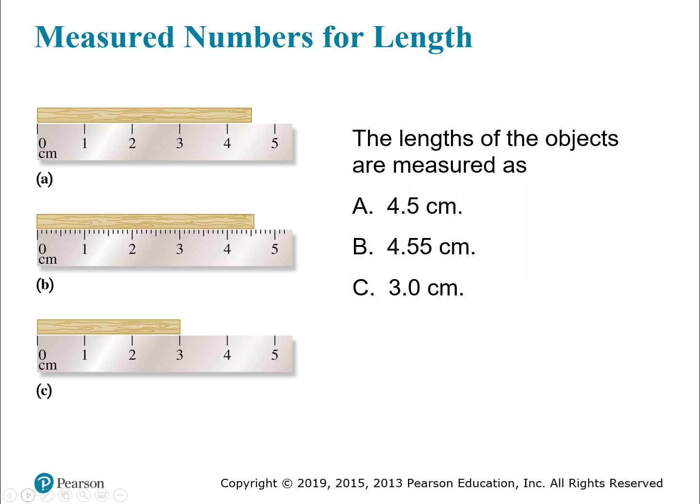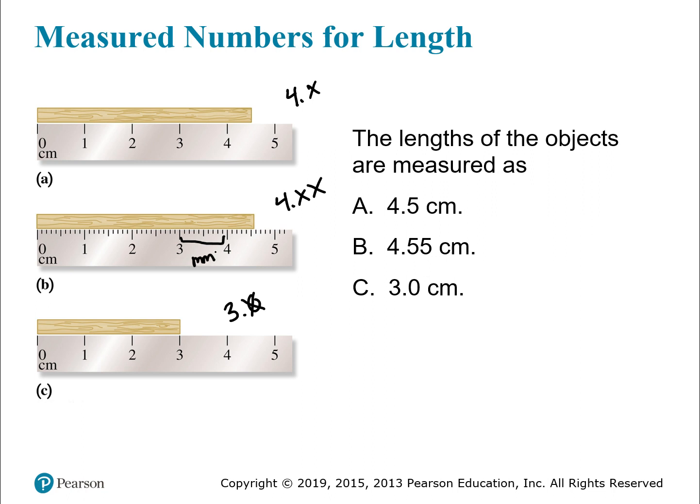Here are some more examples of using a ruler to measure the length of an object. So here again, you're going to get 4 point something. Here you're going to be able to get 4 point something something. And here you're going to be able to get 3 point something. And that's just by looking at the ruler. So here, these little tick marks are millimeters.